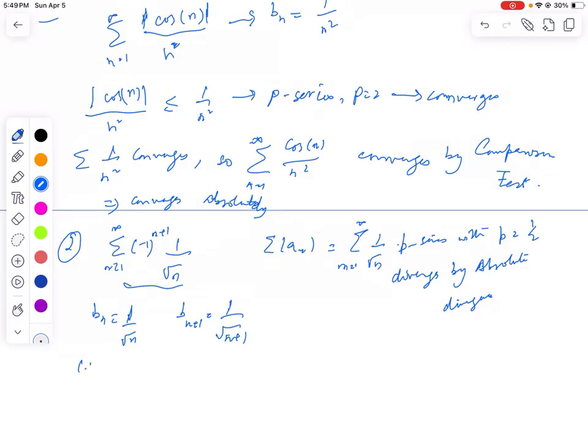The first condition: bn is always greater than 0, which is true. Second condition: bn plus 1 is less than or equal to bn.